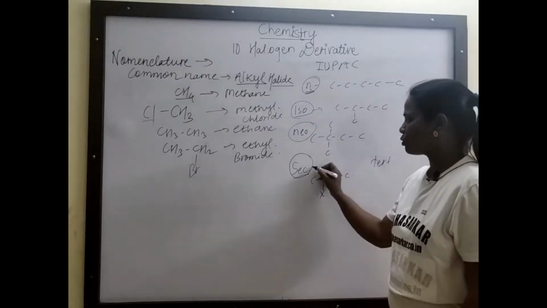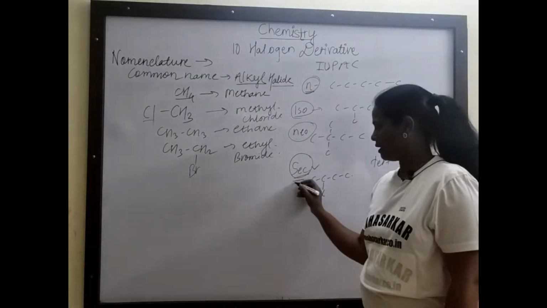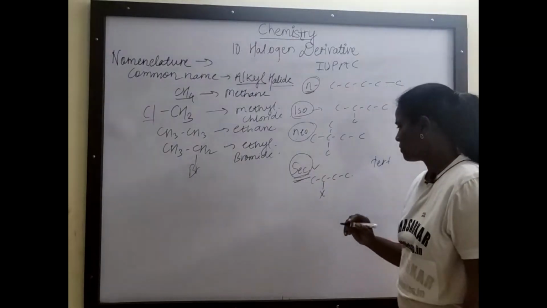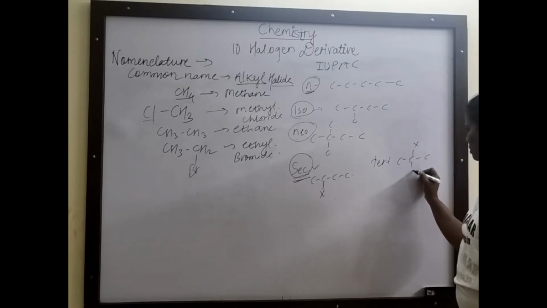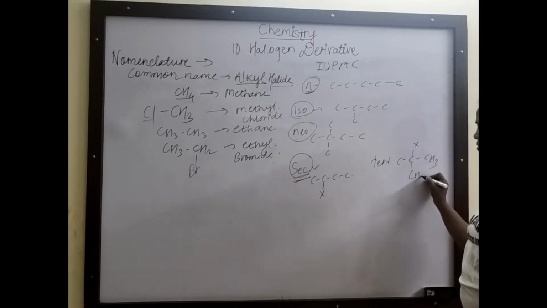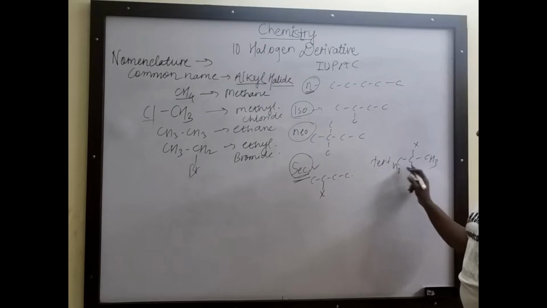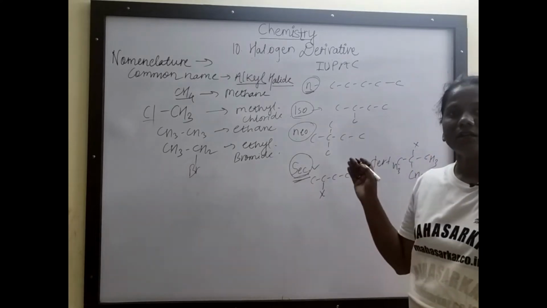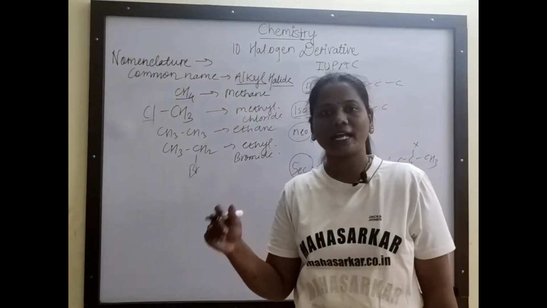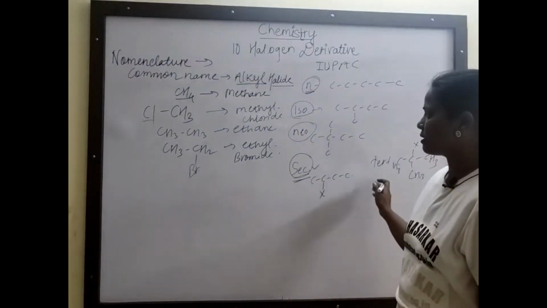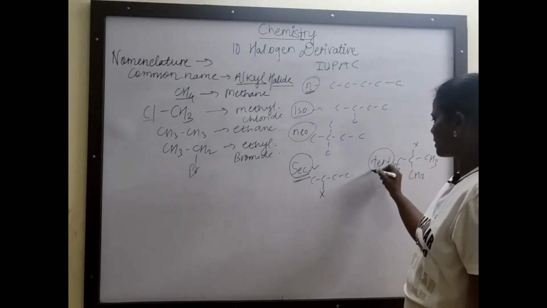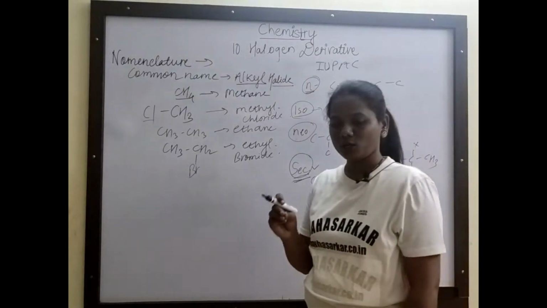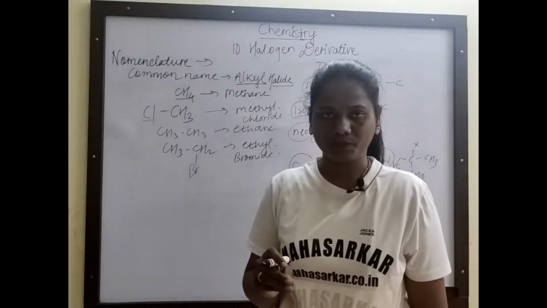And tertiary: the halogen atom directly attached to a tertiary carbon atom is named in the common name system as tertiary butyl, tertiary pentyl, tertiary hexyl, like this. So n, iso, neo, secondary and tertiary, these prefixes are used in the common name system.